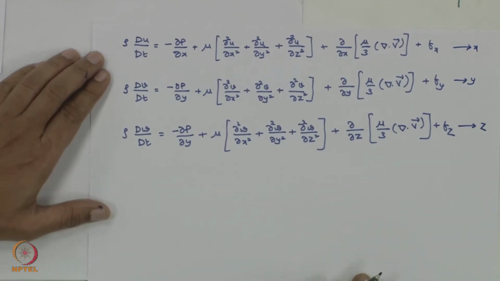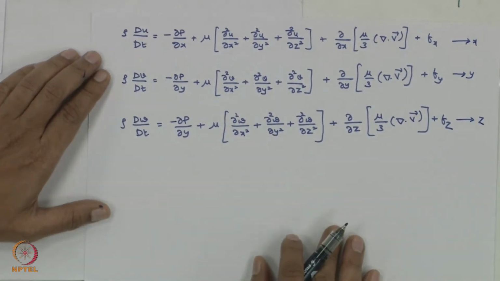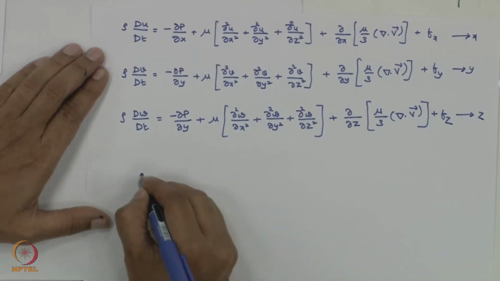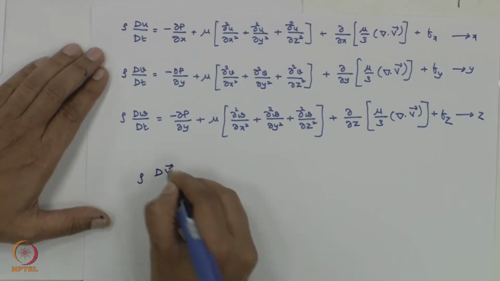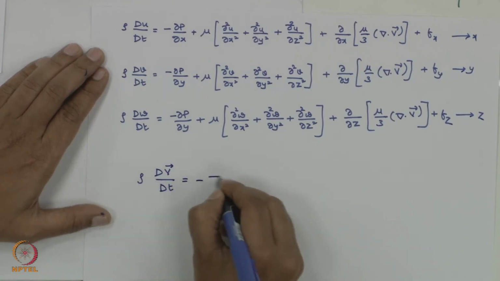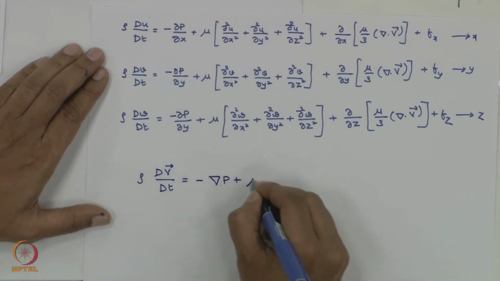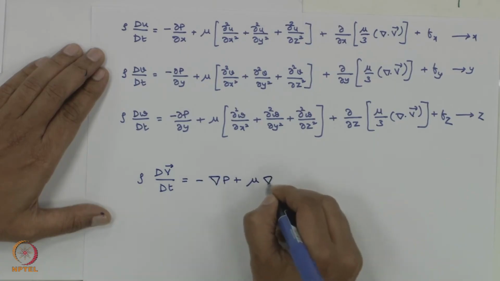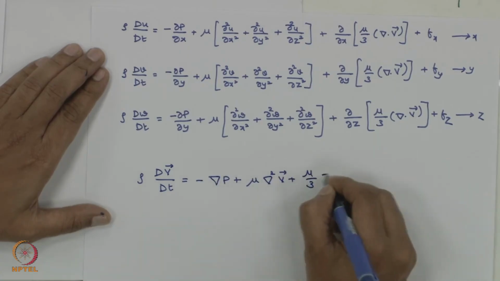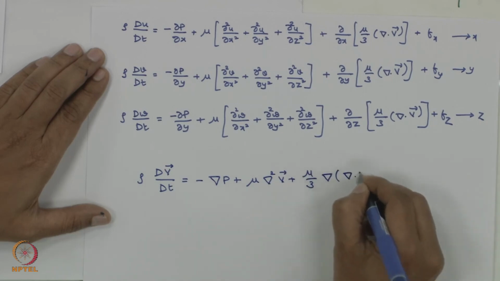Okay. So if we combine all of this and write in vectorial form, we can write this as rho dv by dt is equal to minus del p plus mu del squared v plus mu by 3 del of del dot v.